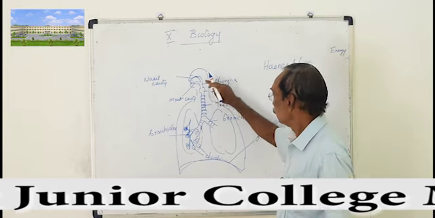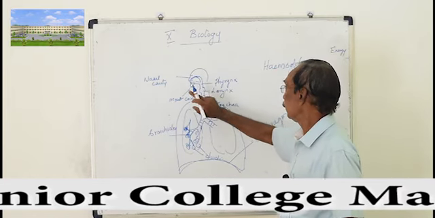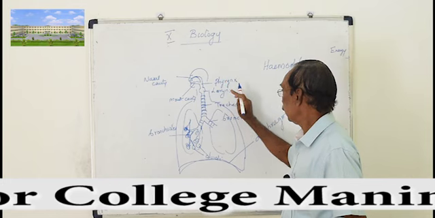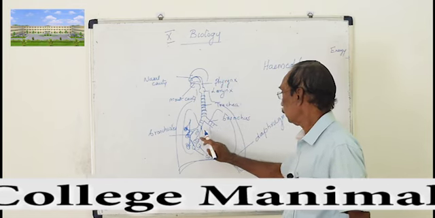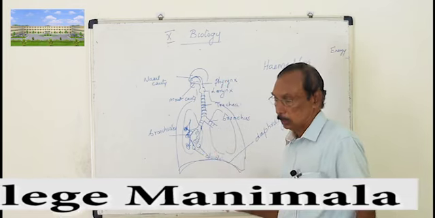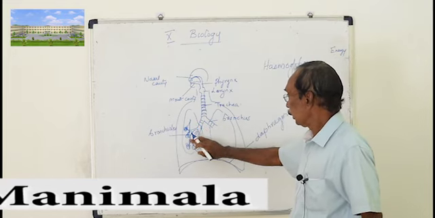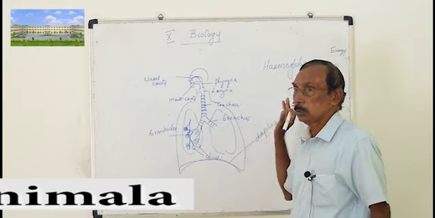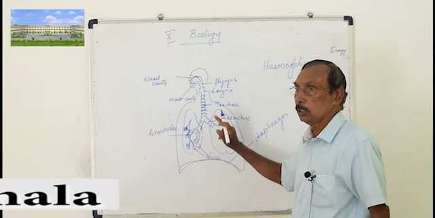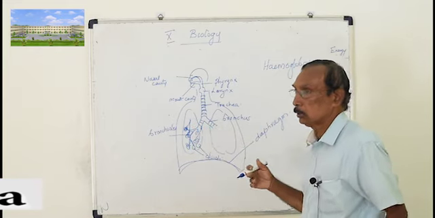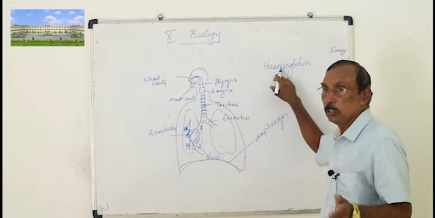So once again, these are the parts: nasal cavity, pharynx, larynx, trachea, bronchus, bronchioles, and alveoli. Alveoli are surrounded with so many blood vessels, and the blood contains a chemical called hemoglobin. Hemoglobin has great affinity towards oxygen.